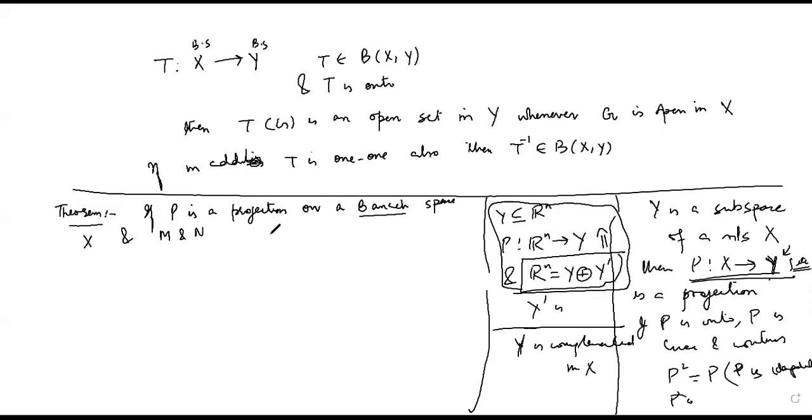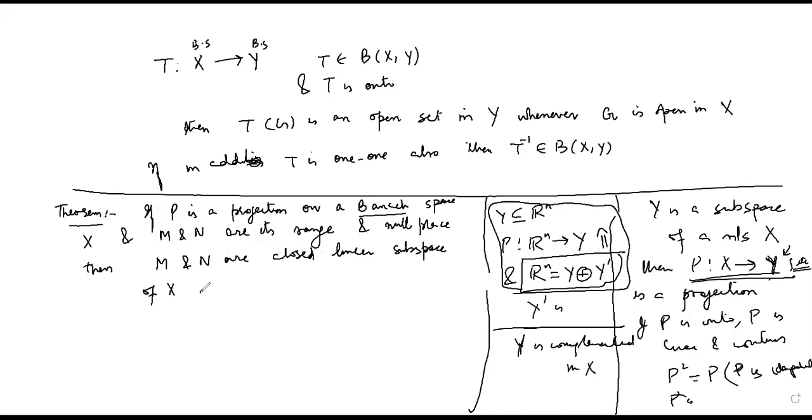M and N are its range and null space and its kernel, null space का मतलब kernel, then M and N जो है are closed linear subspaces of X, and X can be written as the direct sum of M and N.